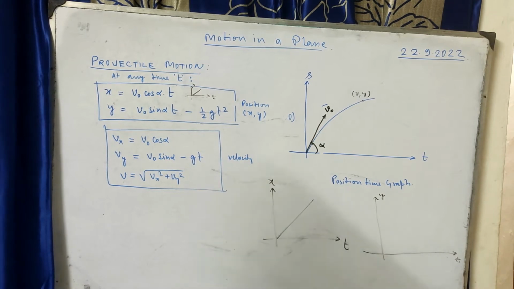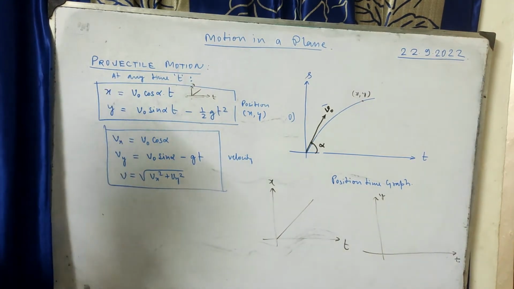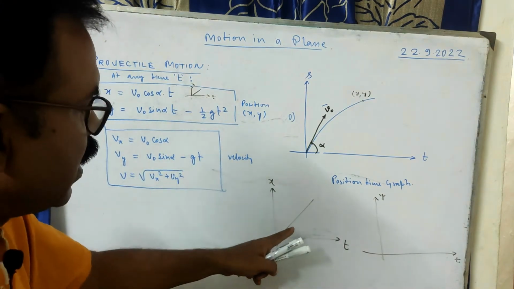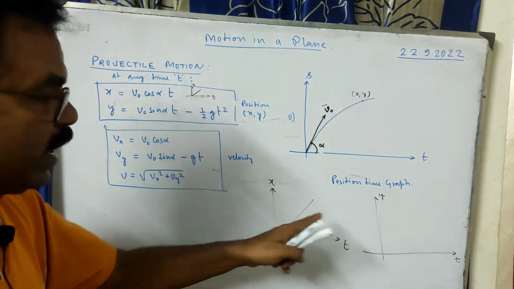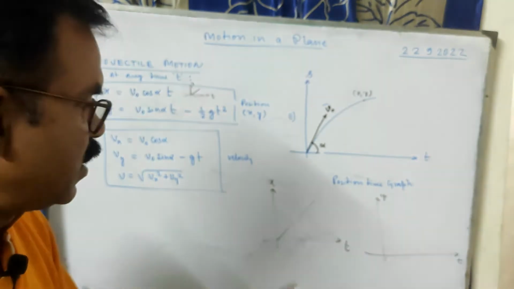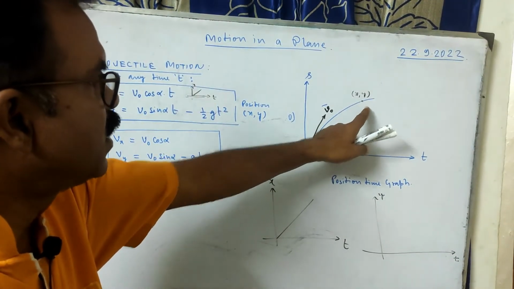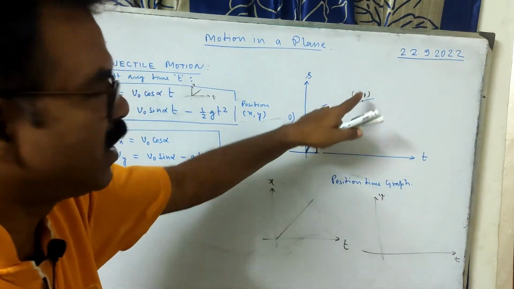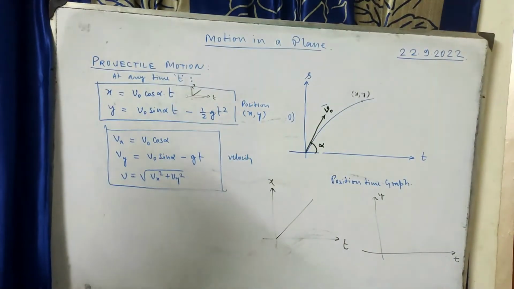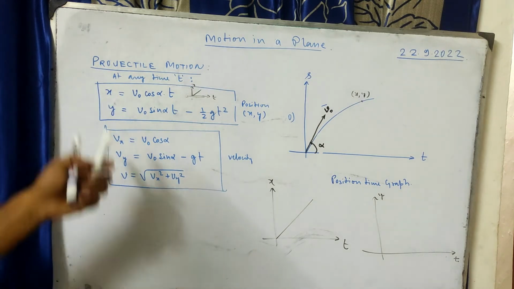Now you see here, x and y together give the position. X alone doesn't give the position. X and y together give the position, right? For this point, you have to go x distance, then you have to cover y distance, right? So x and y have to be correlated. Now from the position we will do that.